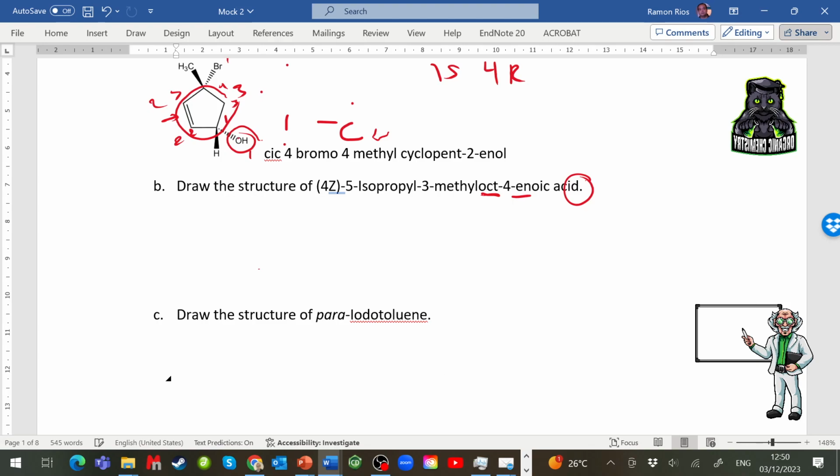So I write 8 carbons, 1 through 8, and here I put the carboxylic acid. In position 4, I put a double bond. Then I put the substituents: in position 3, a methyl, and in position 5, an isopropyl.